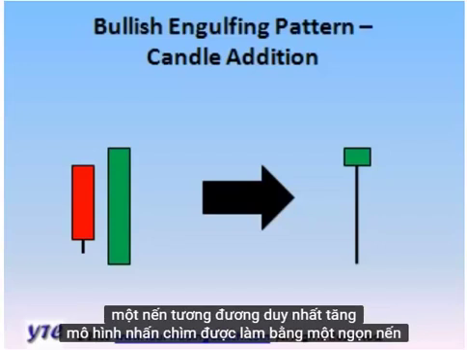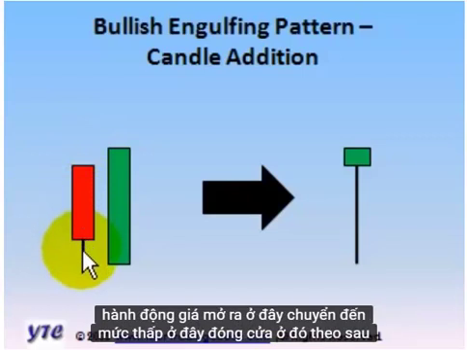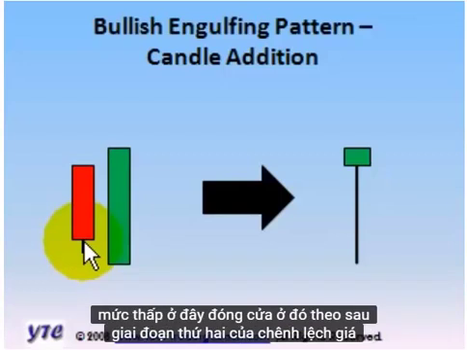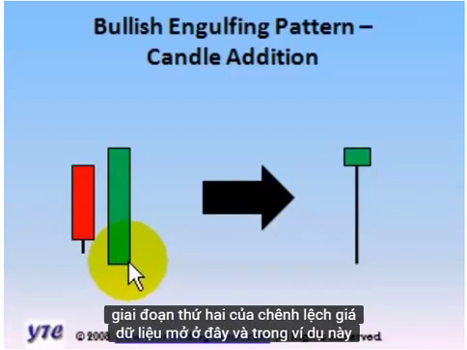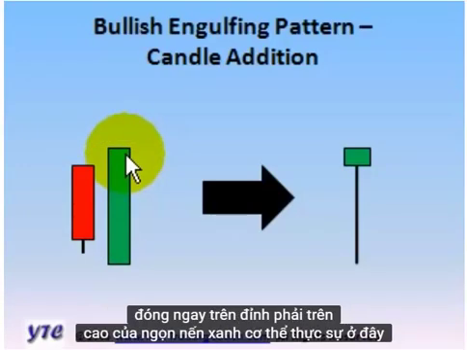The bullish engulfing pattern is made of one candle of price action that opens here, moves to lows here, closes there, followed by a second period of price action, gapping down to open here, and in this example closing right on the top, right on the high of the green candle real body here.